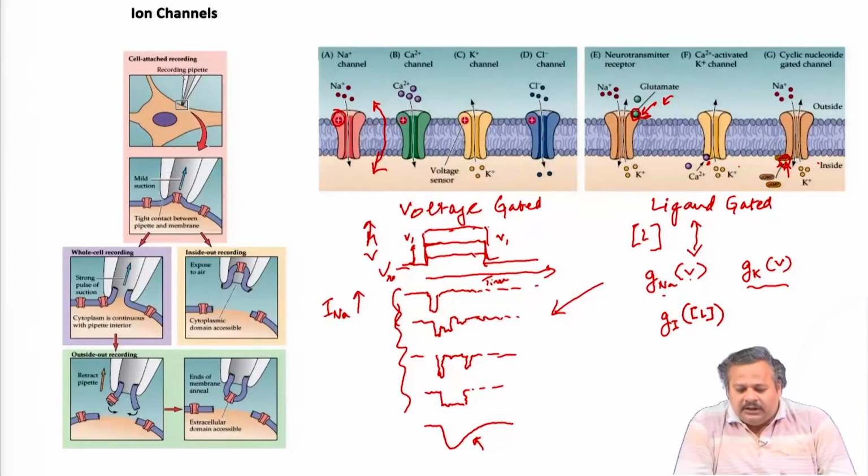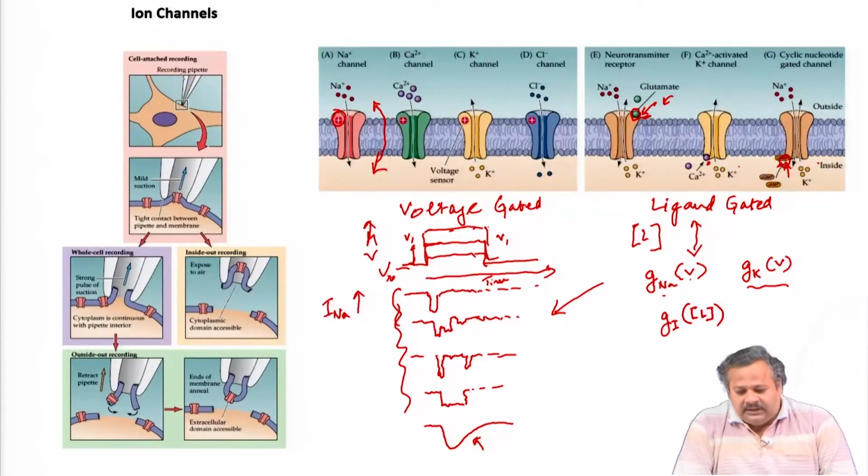So, in conclusion, we have seen that ion channels are stochastic in nature, that is, their conductance, or the current flowing through them, is not exactly the same for every trial, but overall on average we see the effect, and from that we can determine the conductance.